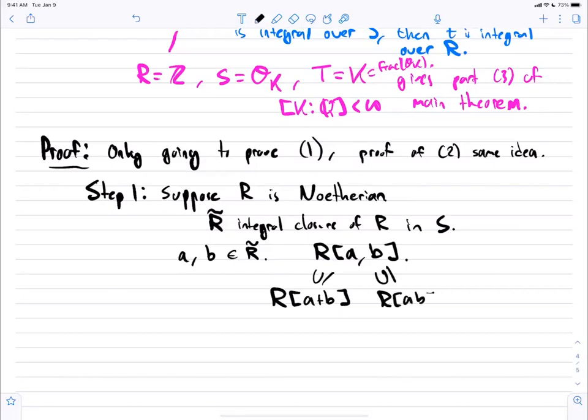And what do I need to do to show R tilde is a subring? I just need to show that R tilde contains a plus b and a times b. So I need to show both of these are integral, but by the lemma, that's the same as showing these modules are finite over R. Okay, the point is though, this R adjoin a, b, either from the lemma or just by looking directly at how we proved the lemma, you can see this is a finite R-module.